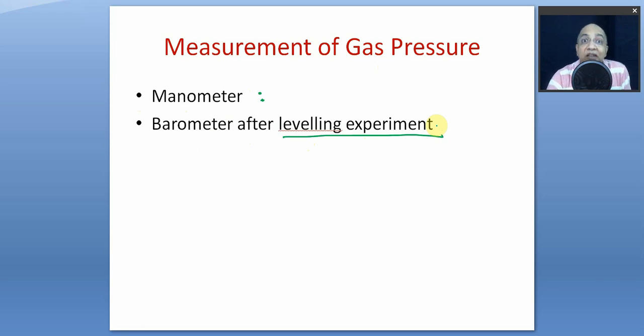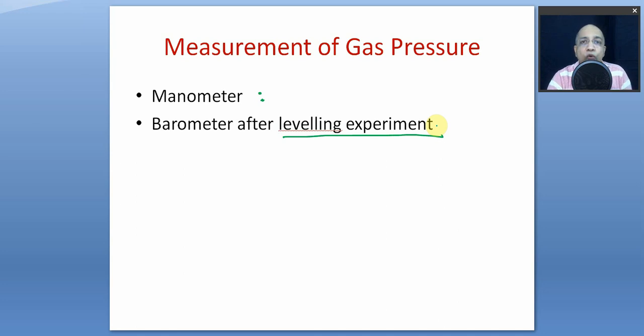What we do instead is perform a leveling experiment where we equalize the gas pressure with atmospheric pressure and record the volume. We had a different volume at a different pressure, doesn't matter. We change the pressure to atmospheric pressure and take the barometer reading, not the manometer, then find the differential height and then add or subtract it from the barometric pressure height to get the gas pressure.